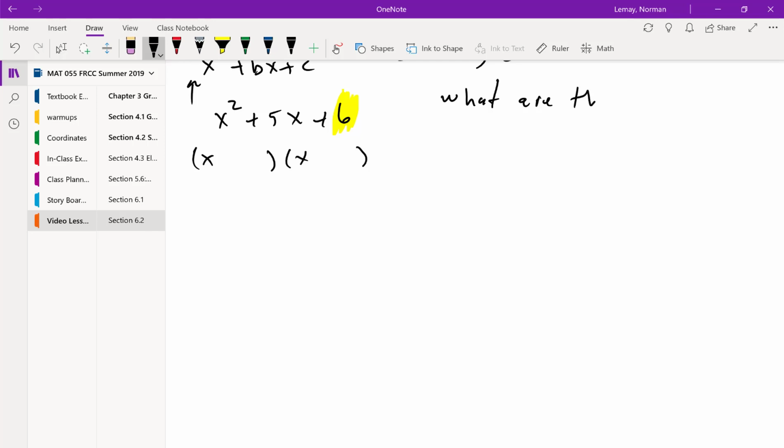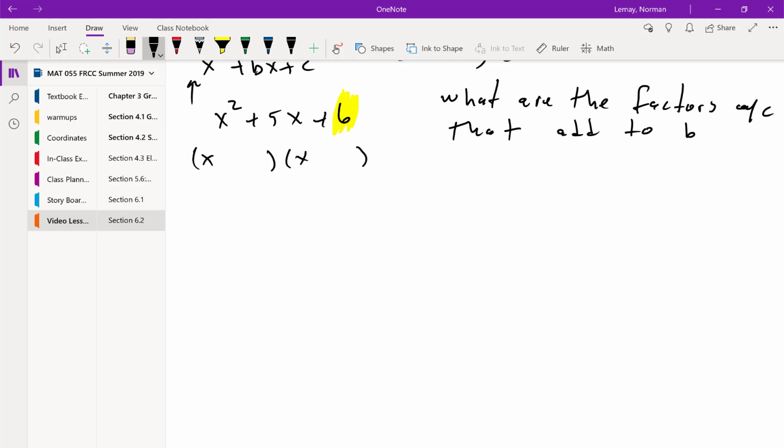What are the factors of c that add to the letter b, not Shakespeare's to be or not to be.